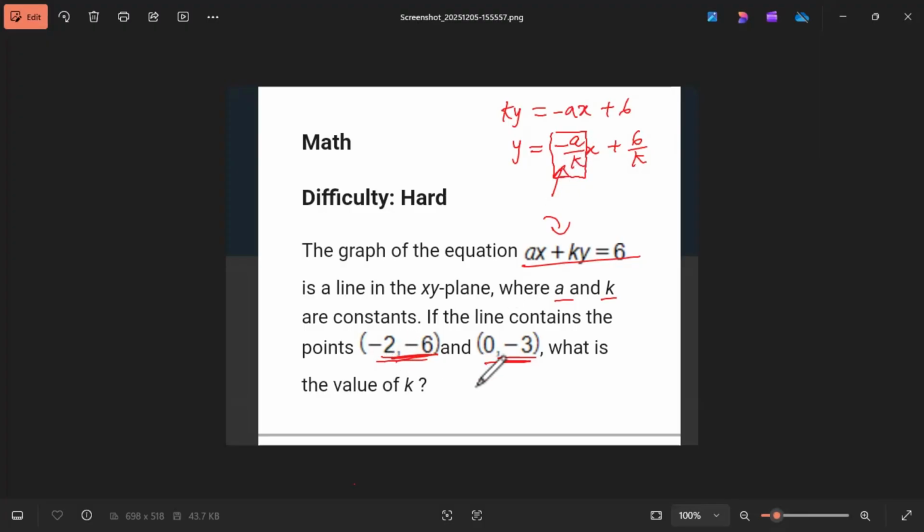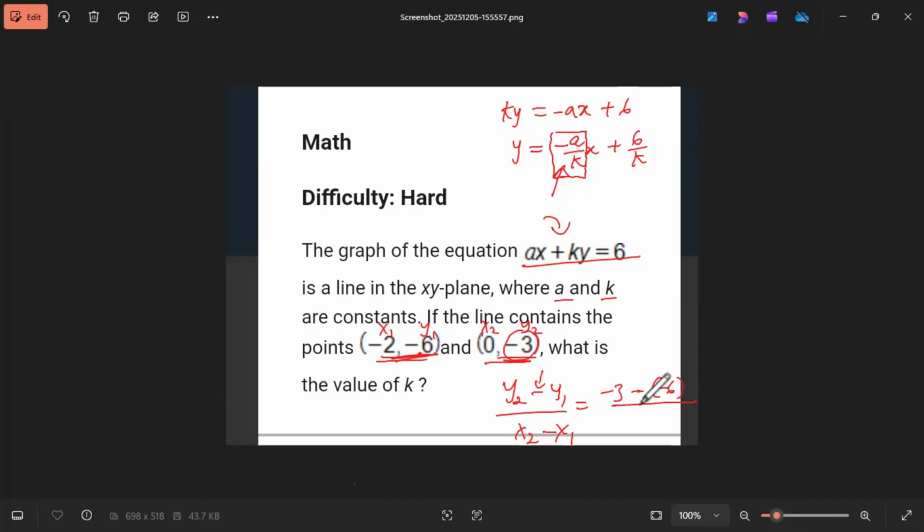So what is the slope from here to here? The slope is y2 minus y1 over x2 minus x1. So this is like your x, this is like your y, you can call them x1, y1, x2, y2. So y2 minus y1 will be like minus 3 minus 6. This is minus 3 here, and y1 has minus 6.